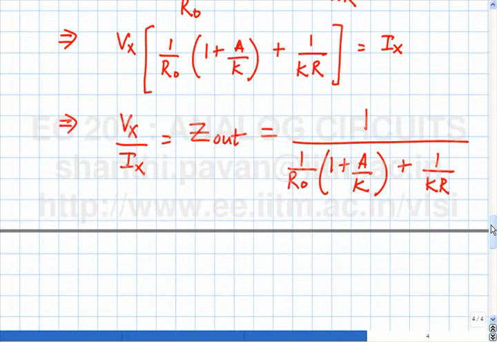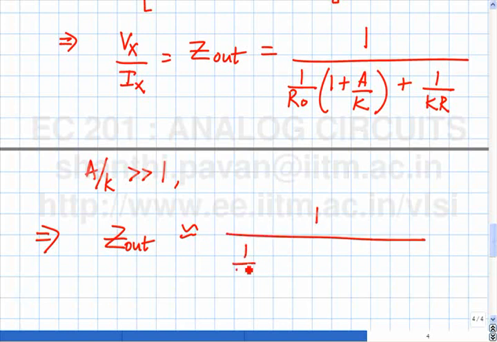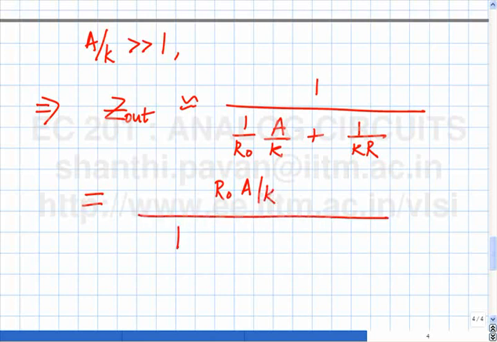And what can you say about A by K in comparison to 1? Hopefully A by K is much larger than 1, which implies Z out is approximately one over RO times A by K plus 1 over KR, and I will multiply the numerator and denominator by R naught times K by A. So that will give me.